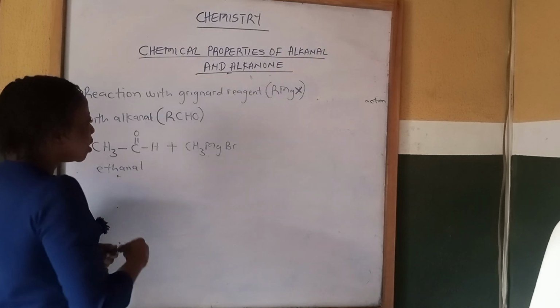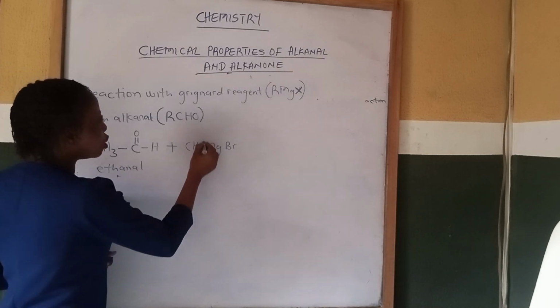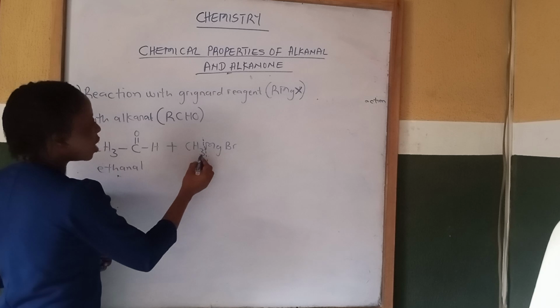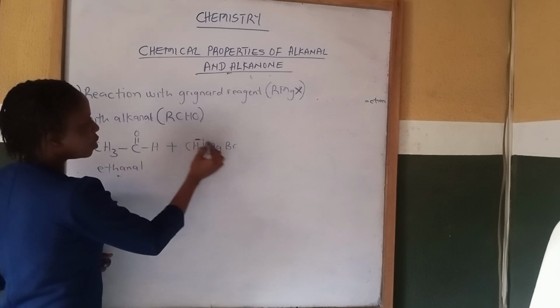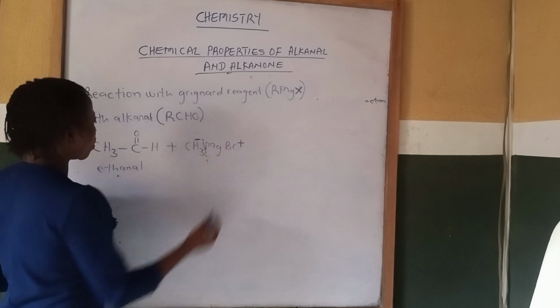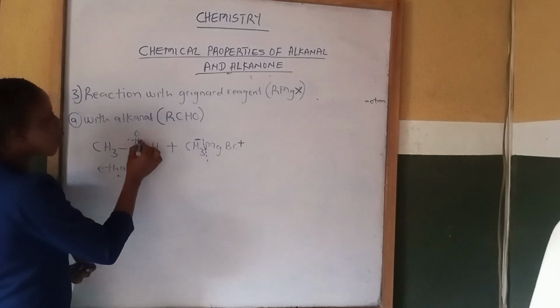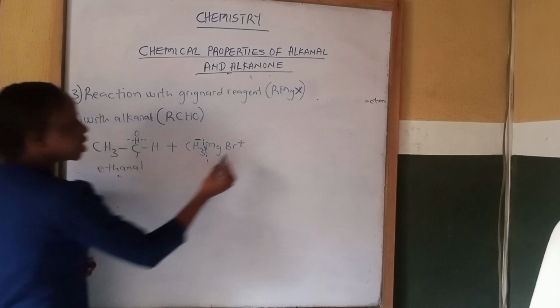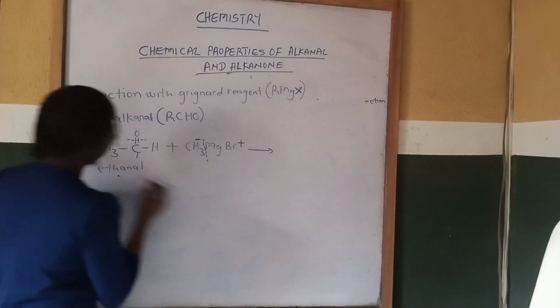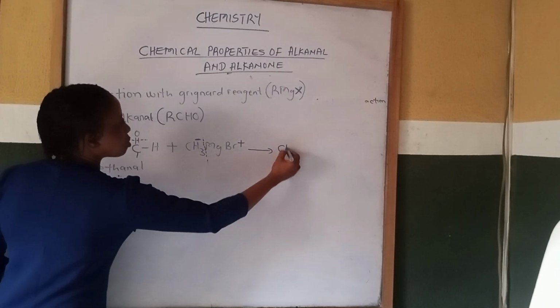So your Grignard reagent will break down into an alkyl group, which is negative, and this one with positive. Then the double bond will break into two. So one bond will come down here. So our product will now be CH3.